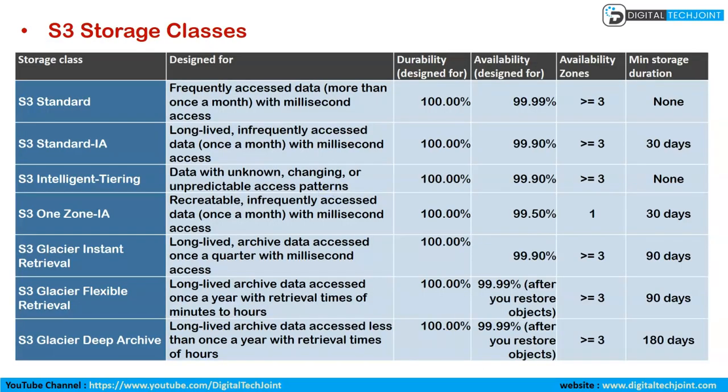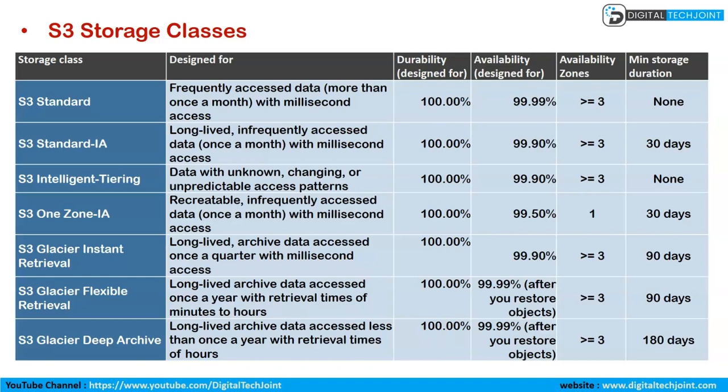When we talk about the different S3 storage classes, we are actually talking about a type of storage that you need to identify before you set up an S3 service on your cloud. This has a detailed explanation on their website which I'll show to you, but I have curated this data so that the understanding is very simple. Now if you look at the left hand side, these are the storage classes.